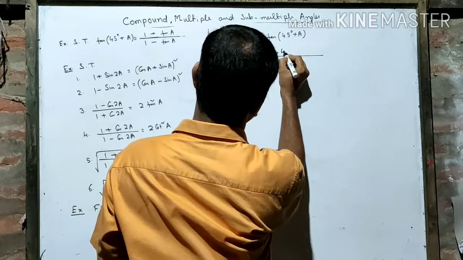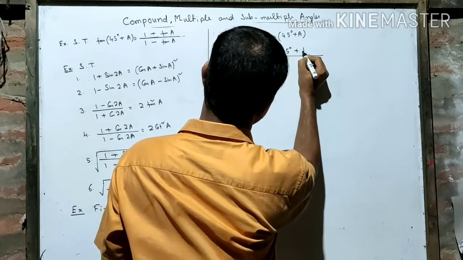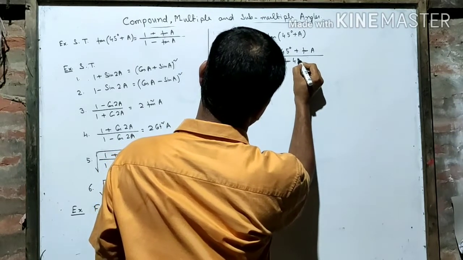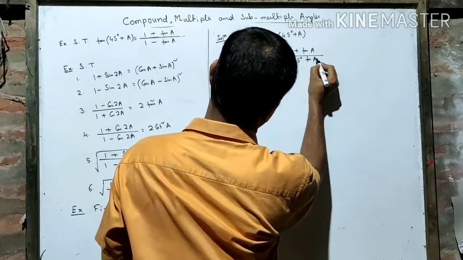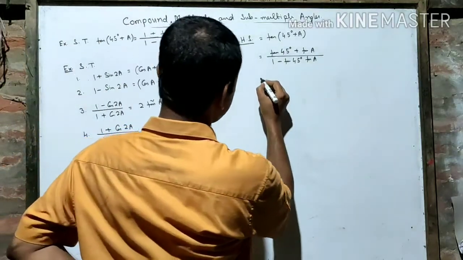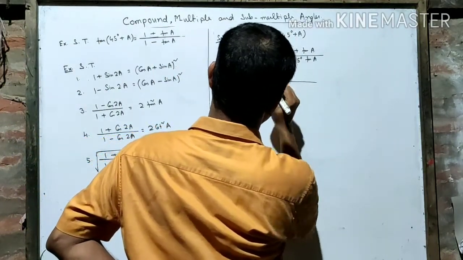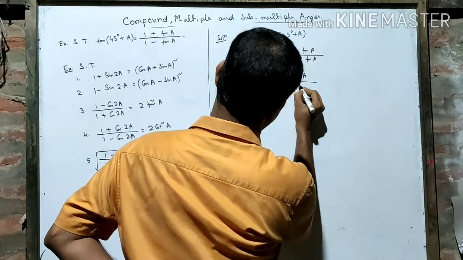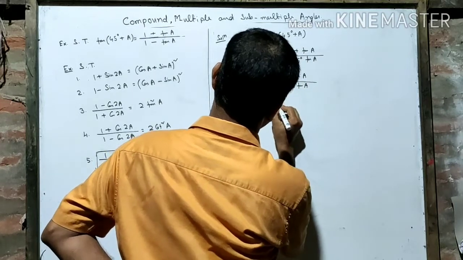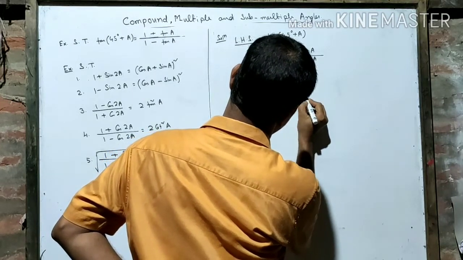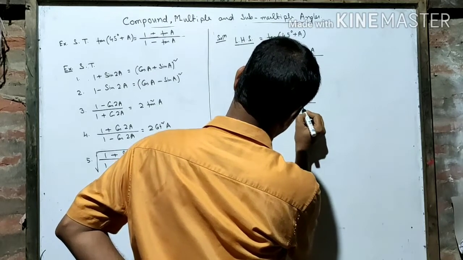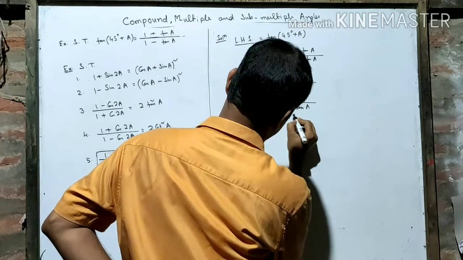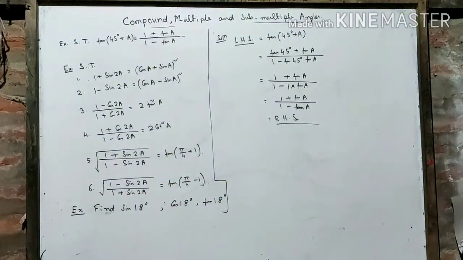Tan of A plus B is equal to tan A plus tan B divided by 1 minus tan A tan B. This is equal to, tan 45 degree is 1, 1 plus tan A divided by 1 minus 1 into tan A. This is equal to 1 plus tan A divided by 1 minus tan A. And this is the right hand side. So we have shown left hand side is equal to right hand side.